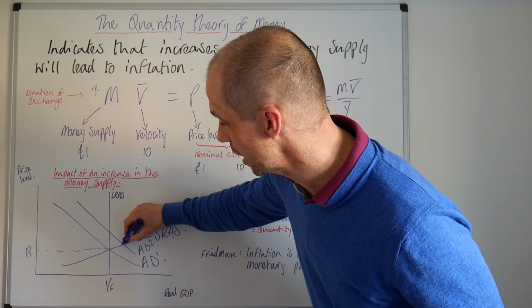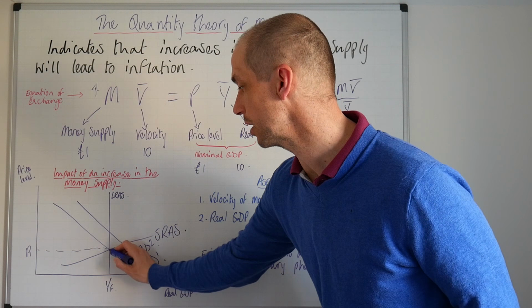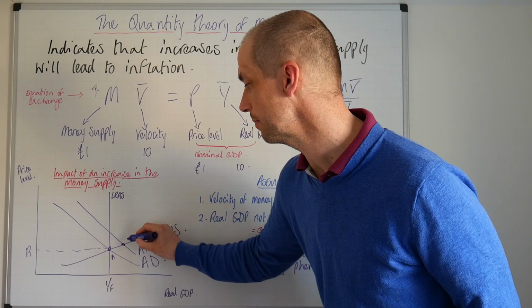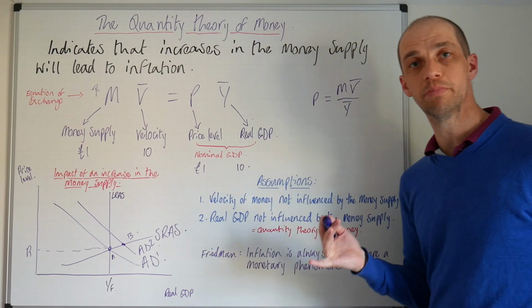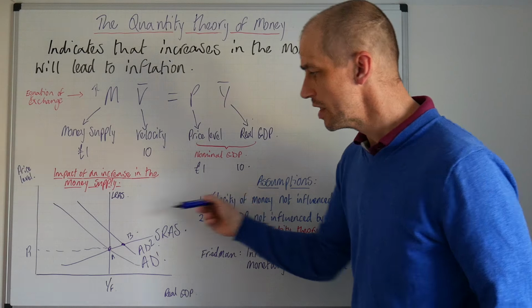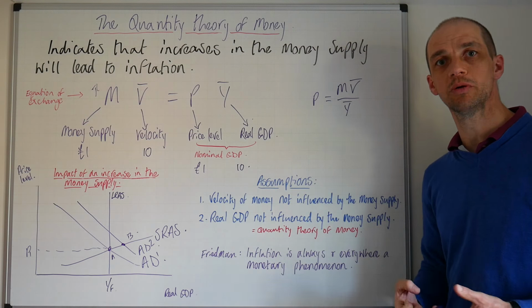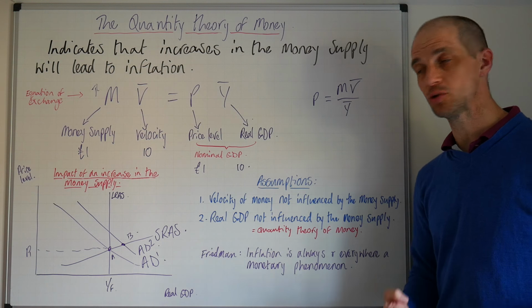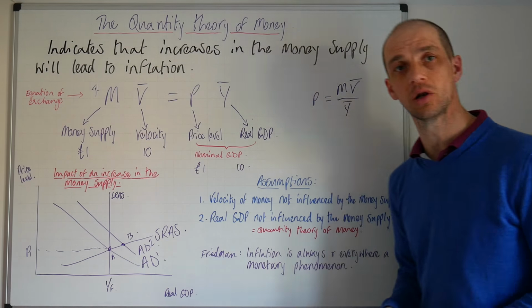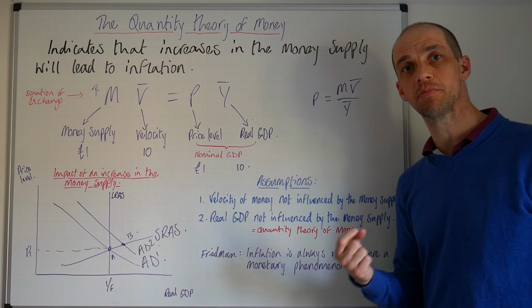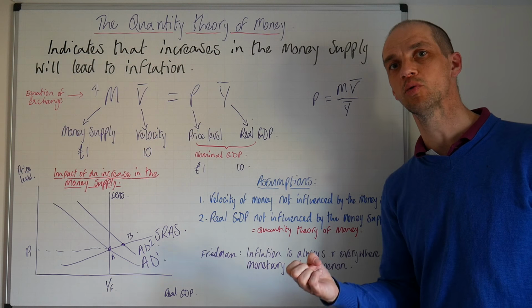Well, what can we see here? We can see that the economy would move from point A through to point B. Now workers would be initially happy to produce and work longer hours because they perhaps believe they're getting higher real wages.